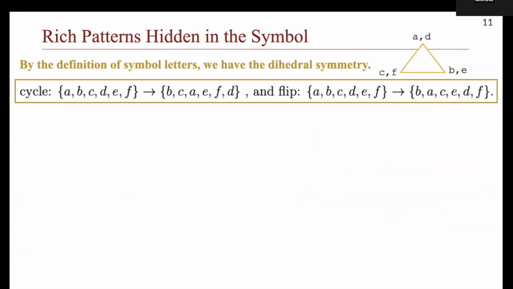Okay, so I mentioned that the actual number of terms in your symbol is much less than the naive 6 to the 2L count. So this hints at there being many rich patterns hidden inside the symbol terms. One of the simplest patterns we have is the so-called dihedral symmetry, and this is nothing but by the definition of the letters themselves. Basically, you can draw this triangle, and if you do the cycle and you do the flip, the coefficient for those cycled and flipped words will be exactly the same.